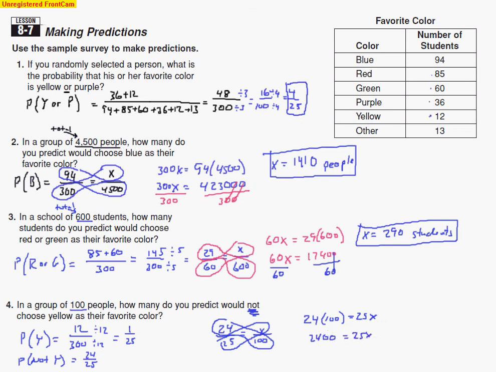From that point, I divide by this 25, and we'll get our answer right away here. X equals 96. 96 people is what we end up seeing. So 4 is the number that would like yellow, but 96 would be the number that do not like yellow.